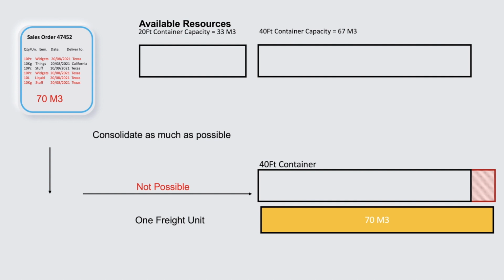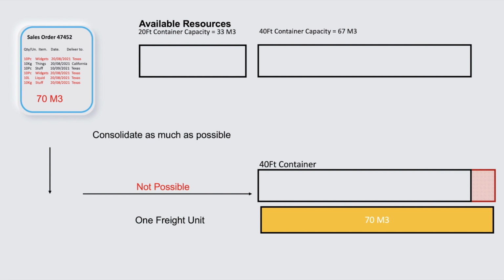Going back to our sales order, we've identified that those 4 items have a consolidated volume of 70 cubic meters. And the freight unit building rule will by default try to consolidate as much as possible, meaning that it will try to group together as many sales order items as possible together, yielding as little as possible in terms of freight units.